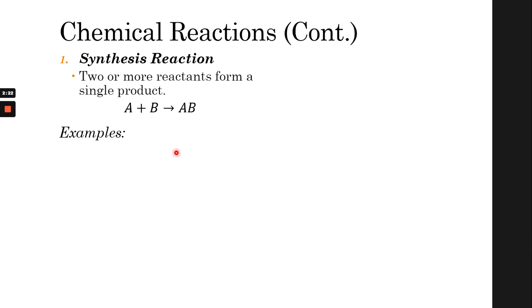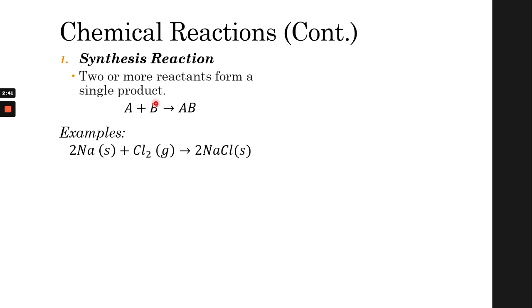Let's give some simple examples that happen during synthesis reaction. Oh, by the way, synthesis basically means to create. So you're creating a single product, a new compound or a new substance from the combination of your 2 reactants.